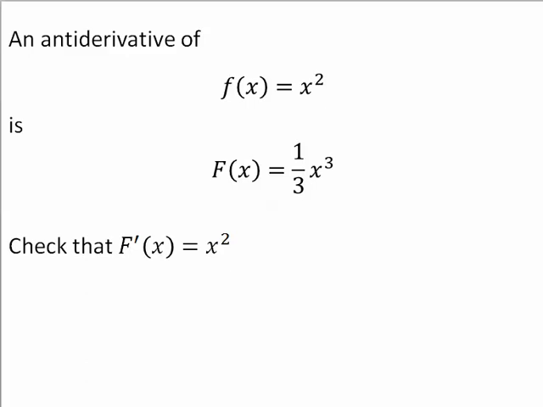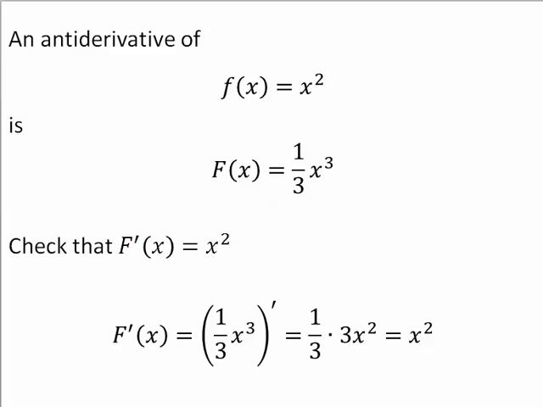Check that the derivative of big F is equal to little f, which is x squared. Well, the derivative of big F is the derivative of 1/3 x to the third, which, once you take the derivative and simplify, is x squared.